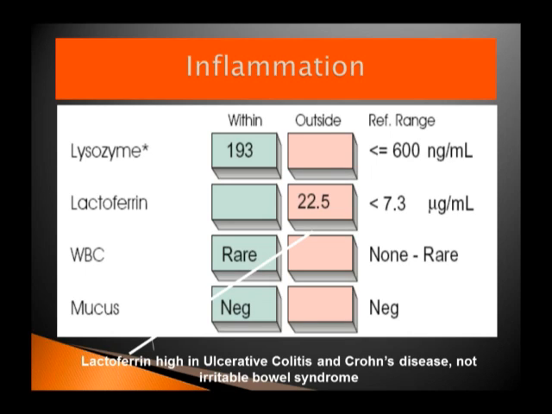Now, whereas lysozyme may be high in irritable bowel syndrome, lactoferrin is not elevated in irritable bowel. Lactoferrin is generally more elevated in more deep-seated inflammation, and in very high levels strongly correlates to inflammatory bowel disease.